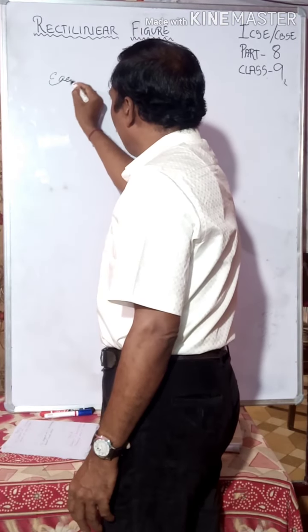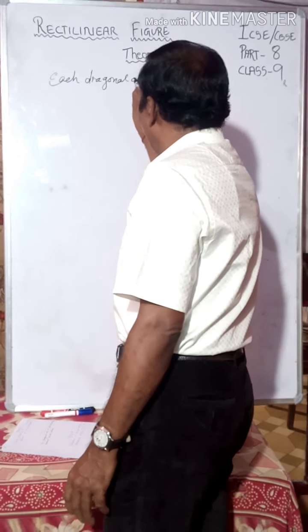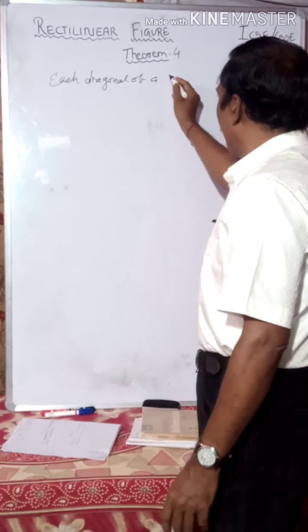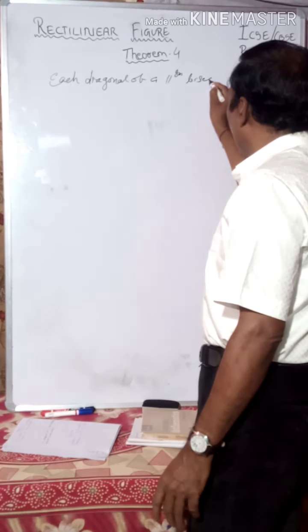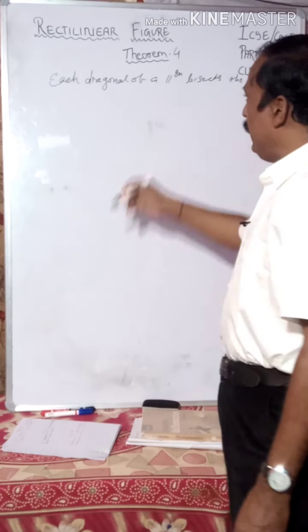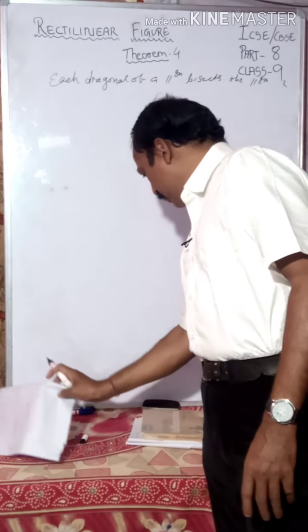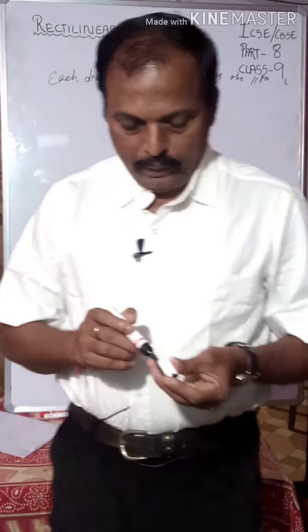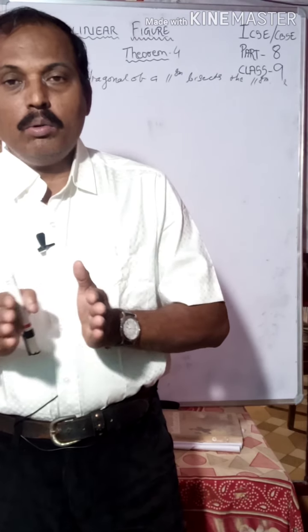Each diagonal of a parallelogram bisects the parallelogram means every diagonal of a parallelogram divides the parallelogram into equal halves.